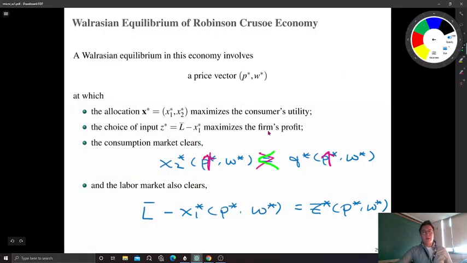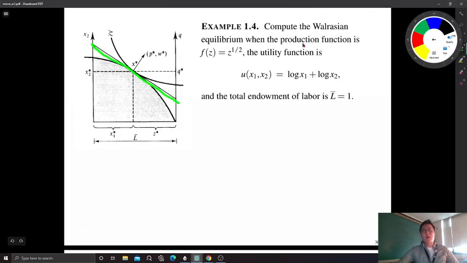All right, and so the Walrasian equilibrium answer is sigma, P star over W star, over P star, turns out to be square root 3/2.